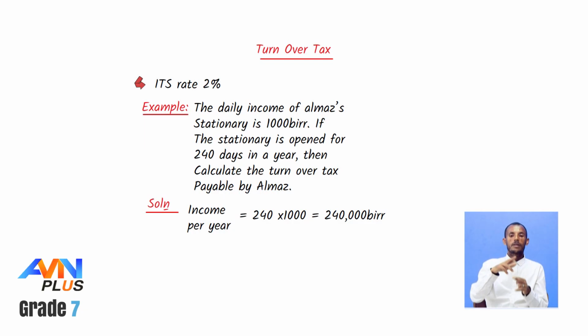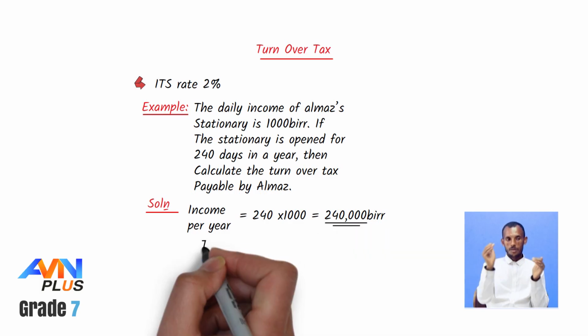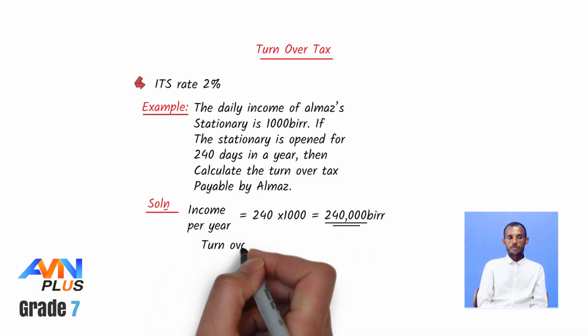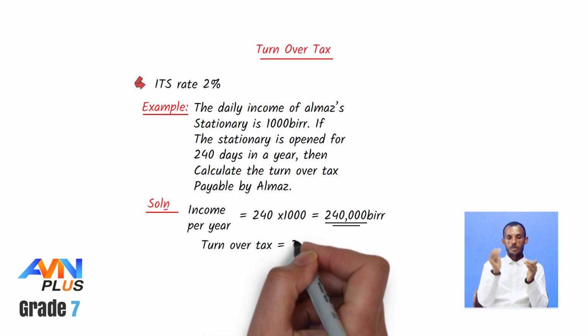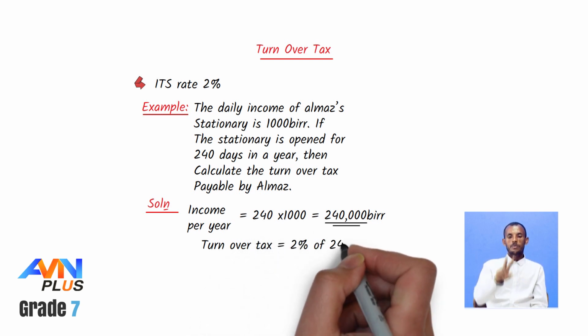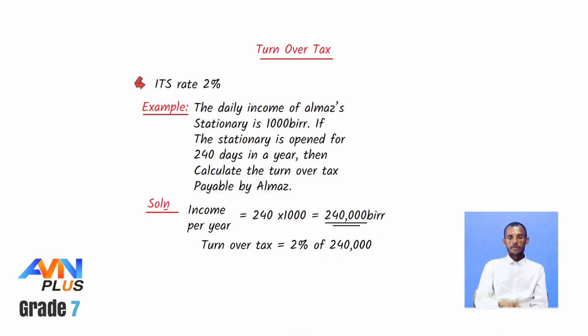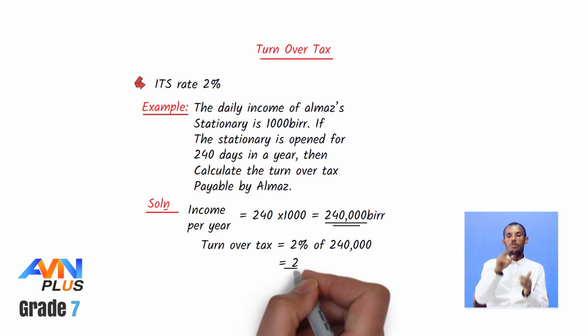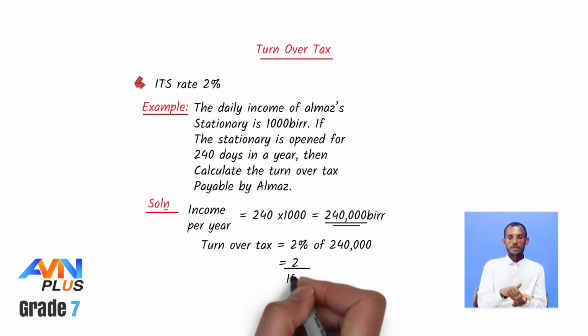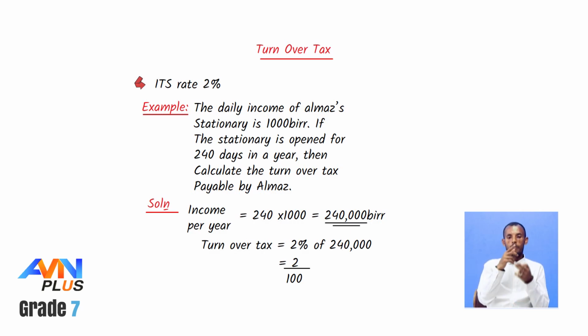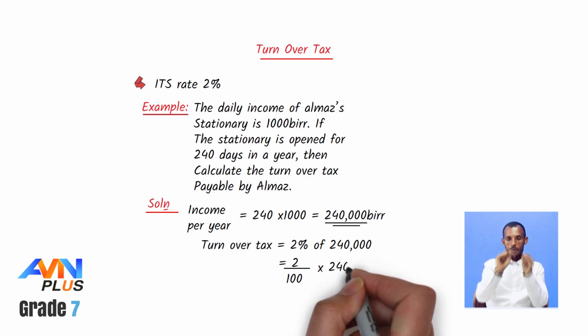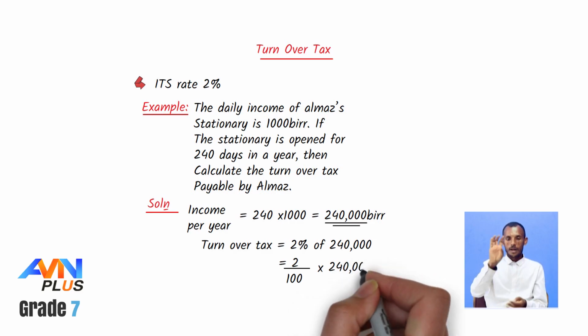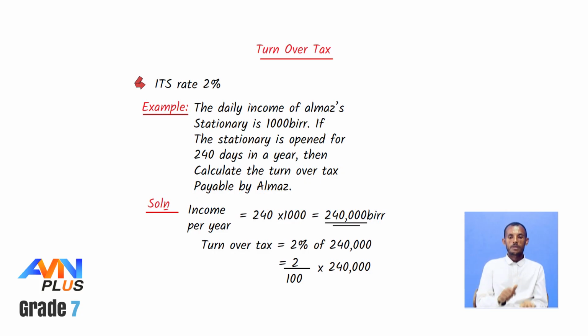Therefore, turnover tax will be equal to 2% of the total income, 240,000. 2% means 2 over 100 times 240,000.